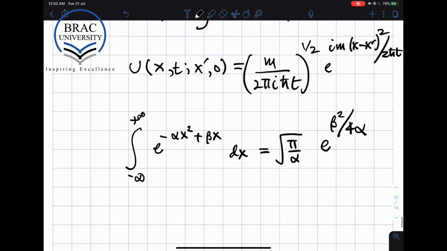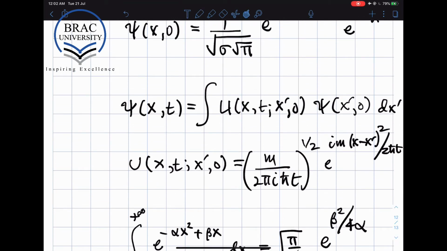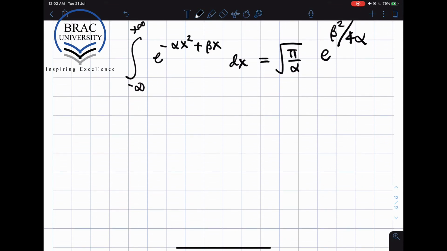So we can use this to do this integration now, and if I do this integration, the final result is going to be psi at a later time t is given by 1 over the square root of sigma square root of pi, sigma divided by some time dependent factor which is called alpha, not this alpha, this is a different alpha.